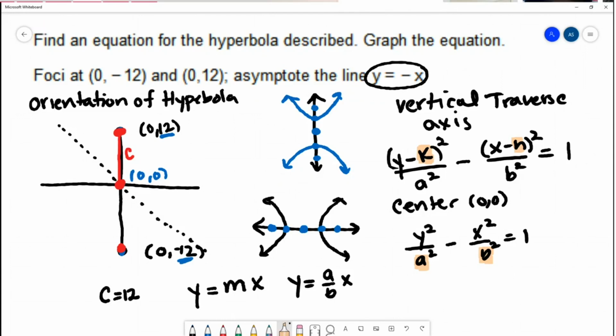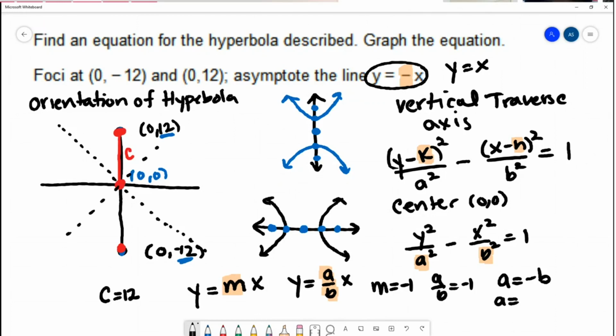So if I look at the slope, a over b, of this line, I get -1. So the slope is -1. That means a over b is -1, and so a is equal to -b. I get that if I multiply both sides by b. Since you have two asymptotes, the other asymptote would be y equals x. So we could also say a is equal to b.